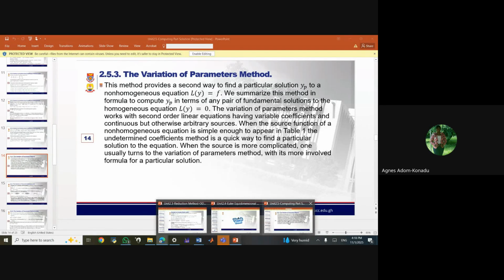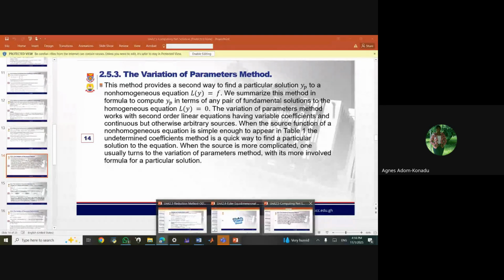When the source function of a non-homogeneous equation is simple enough to appear in the table, the undetermined coefficient method is a quick way to find a particular solution to the equation. So what we are saying is, if we have a second order ODE with constant coefficients, and you can get the solution from the source from that table, then that is a quick way of finding a particular solution.